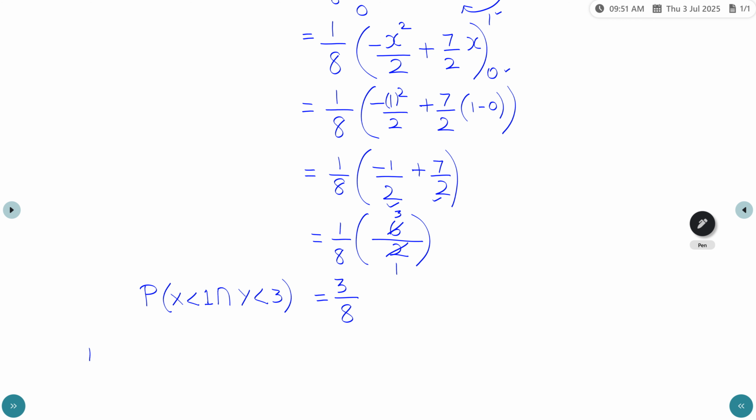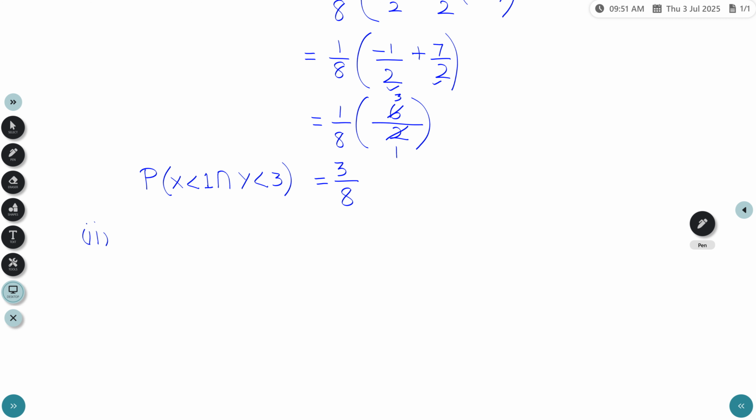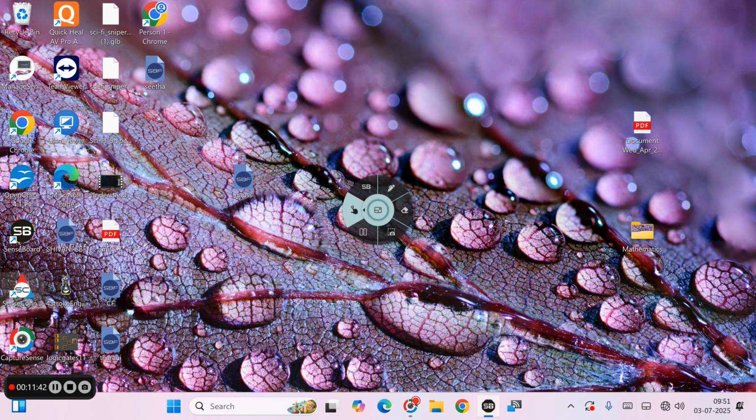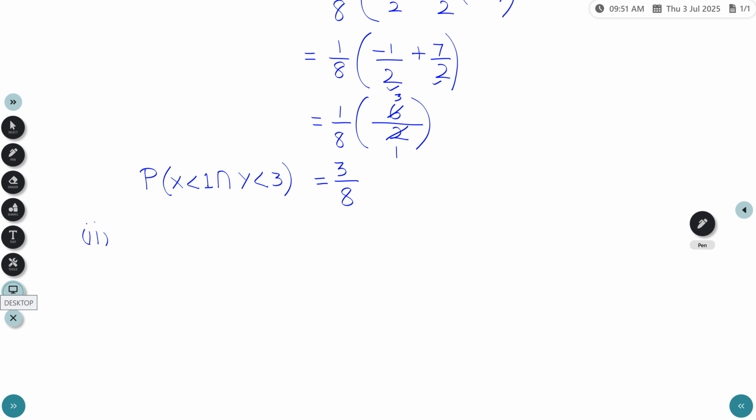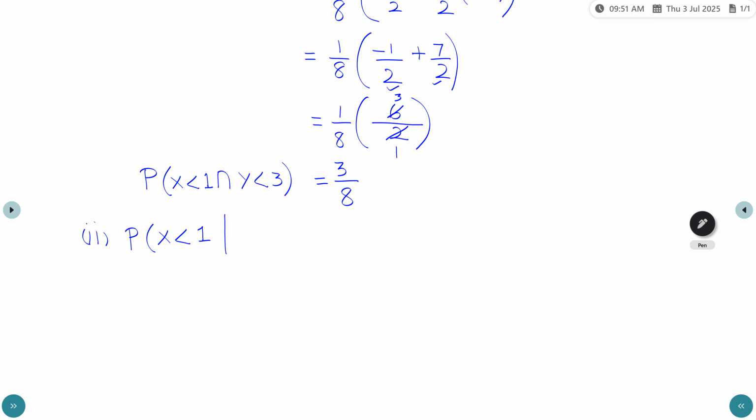The second one we need to find is the probability of x less than 1 given y less than 3. This is conditional probability, you should read it as given y less than 3.